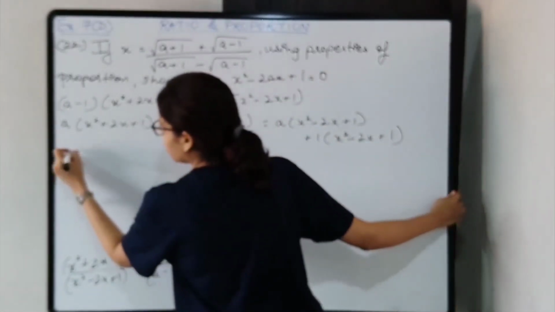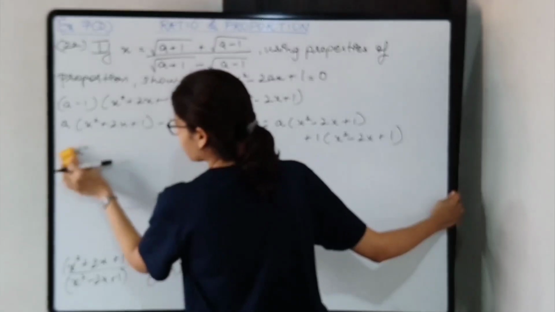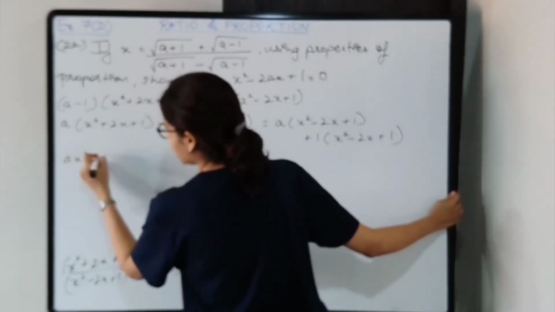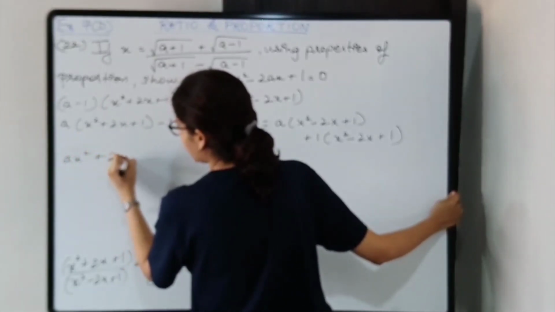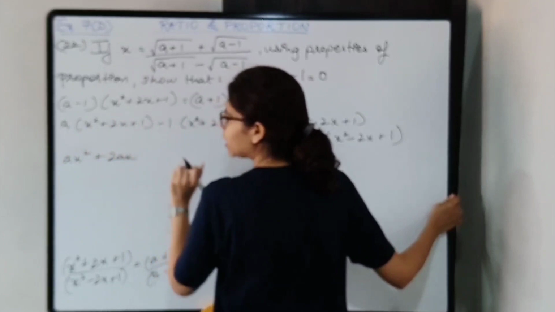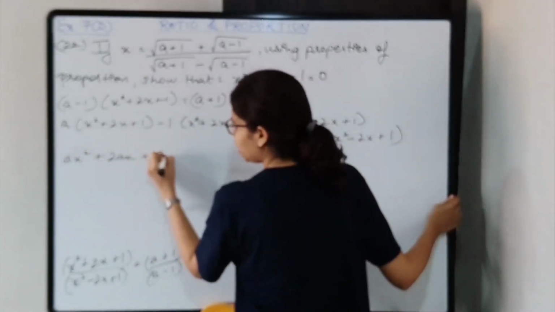So ax square plus 2ax, write it in alphabetical order. Okay, a comes first then x, so I have written it as 2ax, plus a.